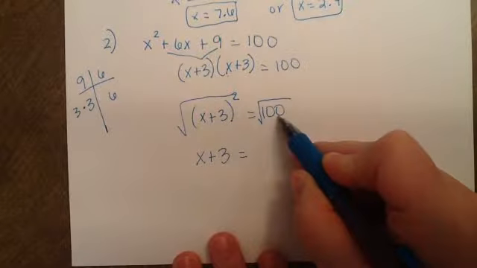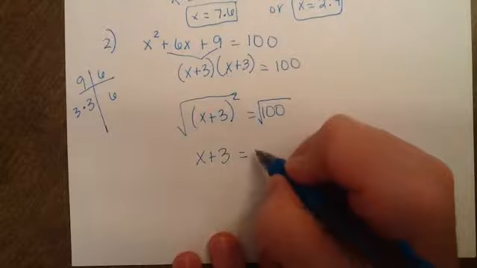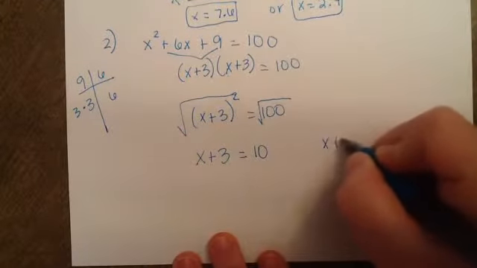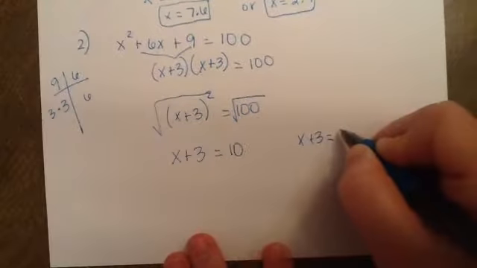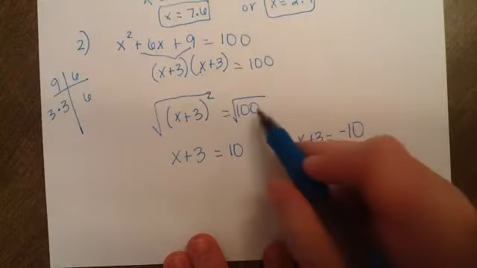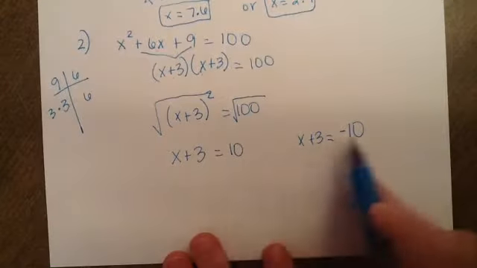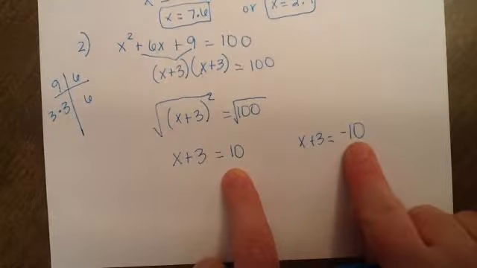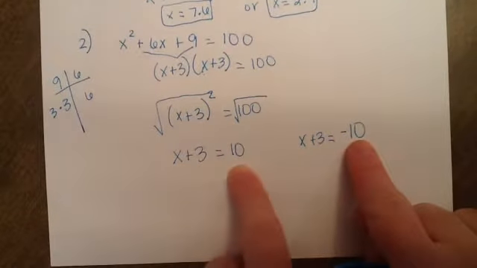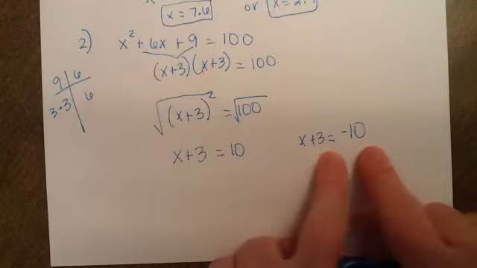And what is the square root of 100? It is 10, or it is negative 10. Negative 10 times negative 10 equals positive 100. So I have to have both the positive and the negative. So there's my two equations. This equals the positive. This equals the negative.